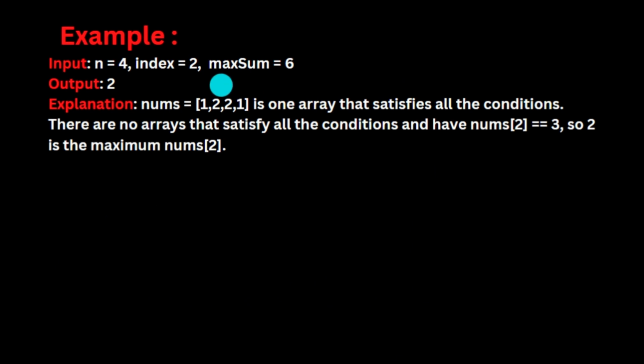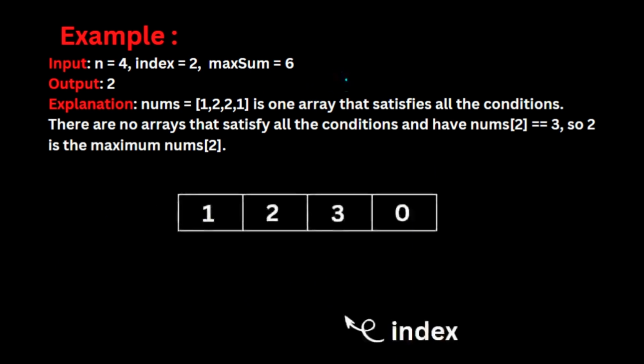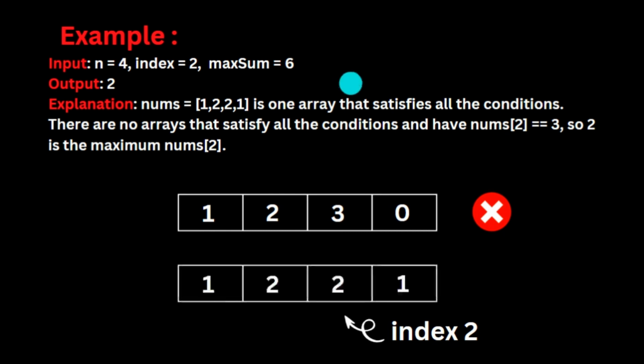So let's see an example. We are given n equals 4, index equals 2, and maxSum is 6. We have to construct an array such that the sum is at most 6 and nums[2] is maximized.